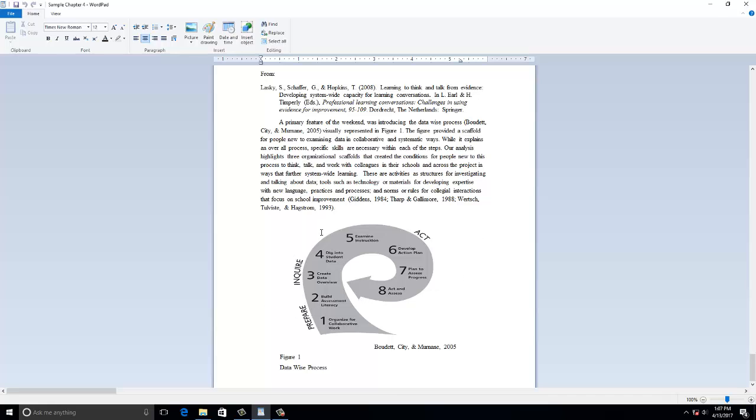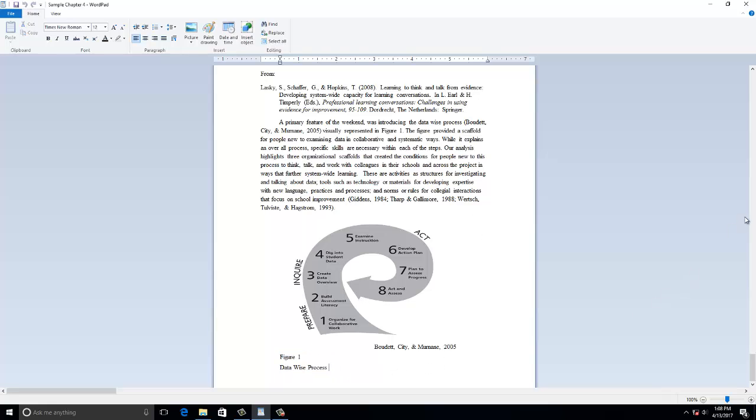And then we give the figure. So notice that unlike with the table, you designate the name of the figure and the number of the figure actually underneath the figure.